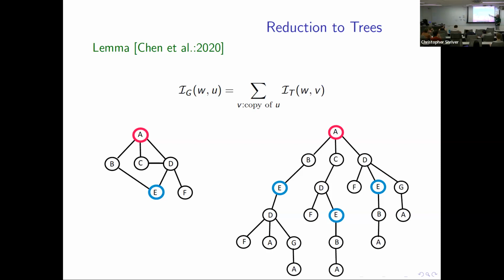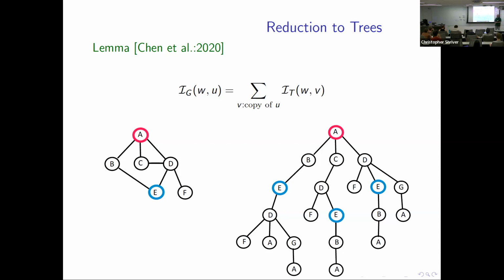So we change the configuration at the root of the tree from plus to minus, and we see how the marginal changes for each one of the copies of vertex E, and we sum over all these changes.